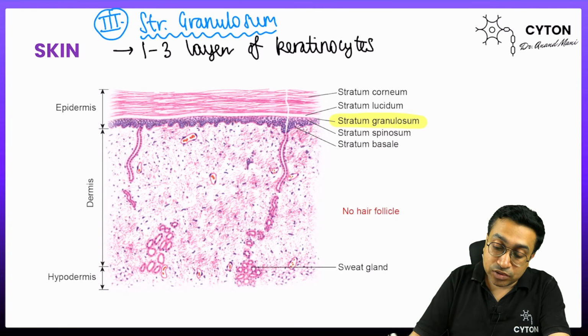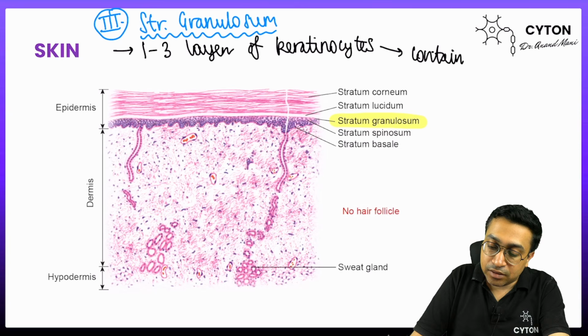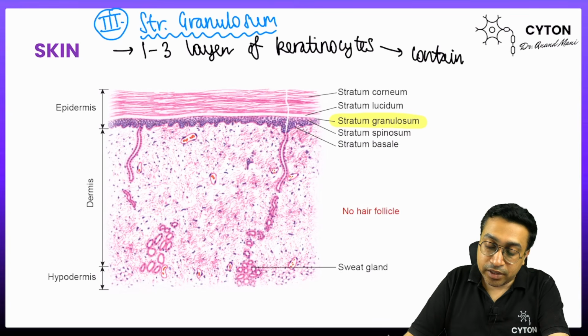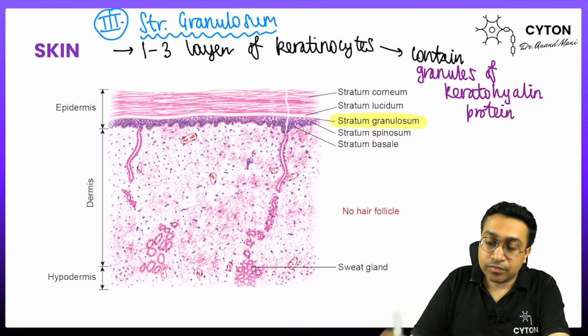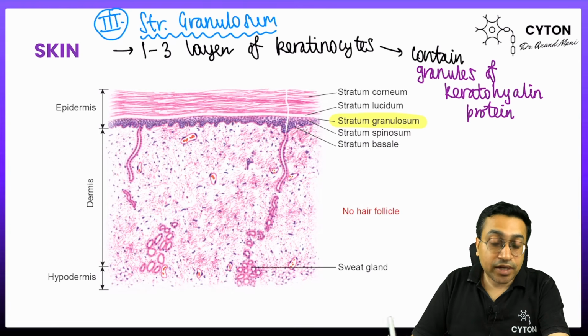So these cells contain the granules of keratohyaline protein. Therefore the name given to this layer is stratum granulosum.